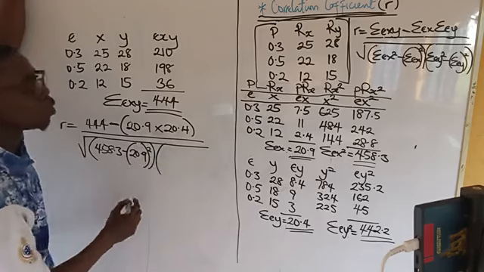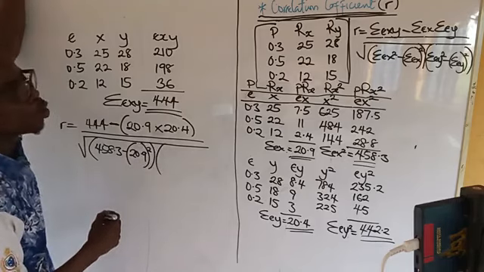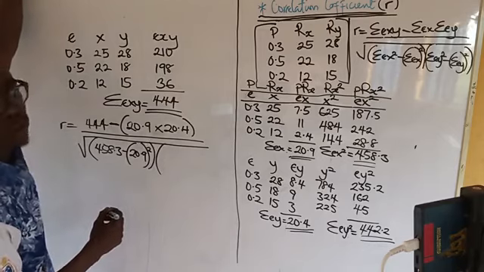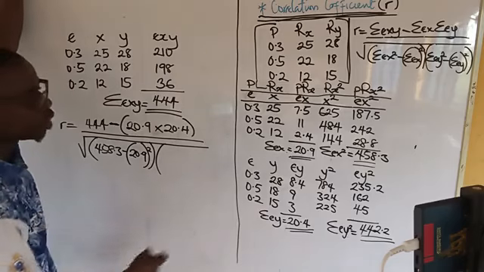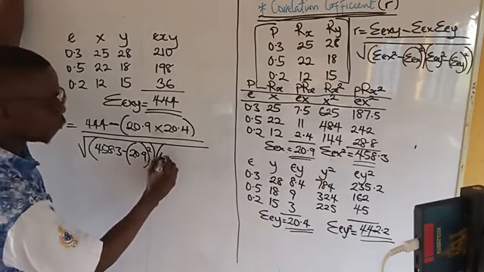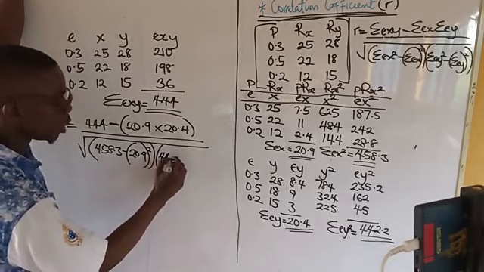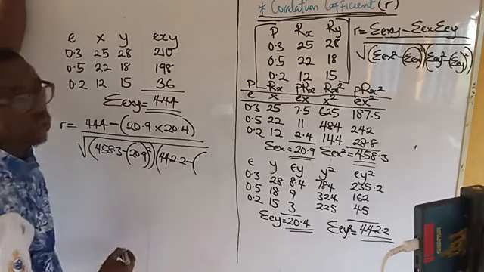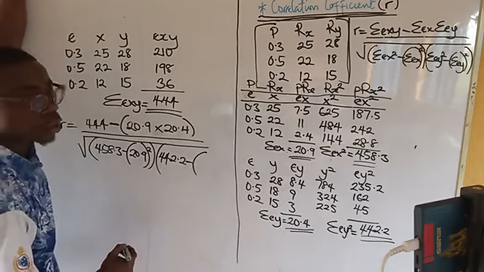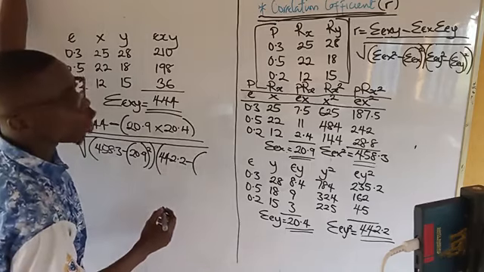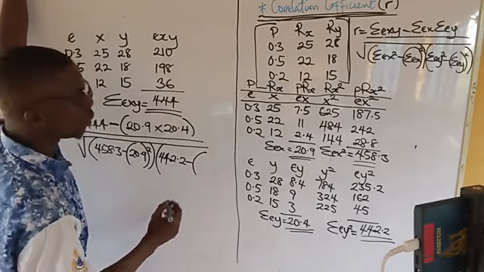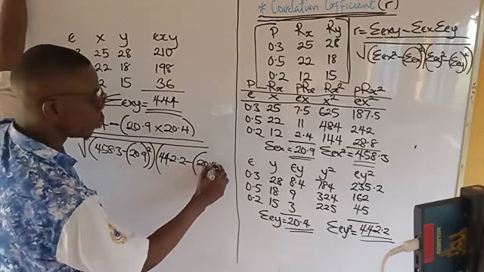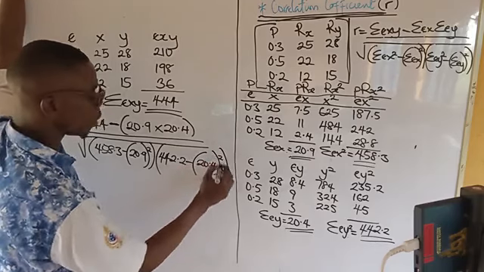Then open another bracket: summation Y squared. What's the summation Y squared? 42.2, according to what you calculated. Minus summation Y, 20.4, raised to power 2.